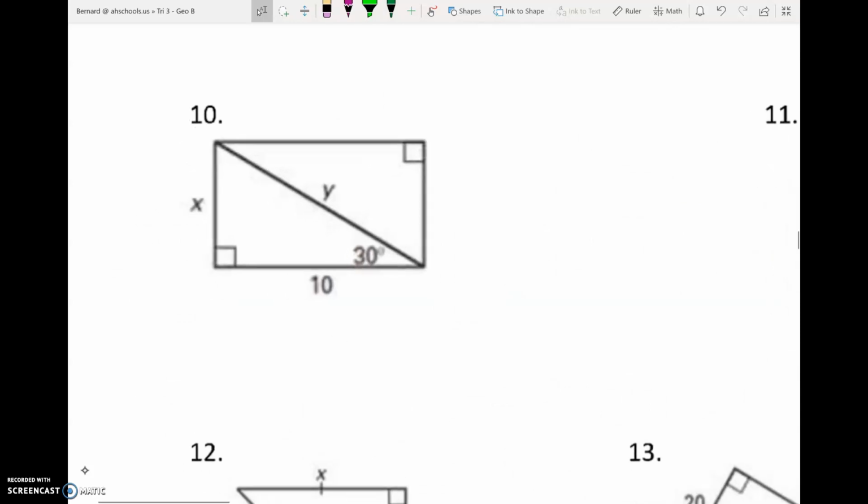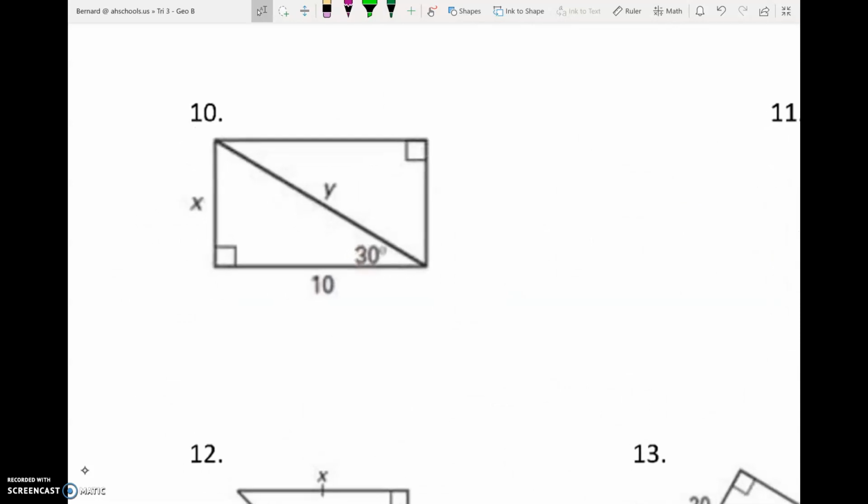All right, here's another tricky one, right? We have two triangles here. Here's our 90 degree, there's a 30, which means this, and I'm going to focus on this triangle, is our 60 degree. And so across from the 90 is the hypotenuse, that's y. Across from the 30 is the short leg, that's what x is. So we have the long leg again, and normally it equals x times the square root of 3.